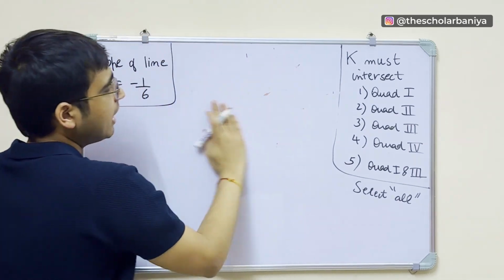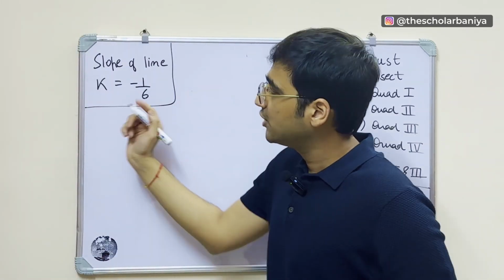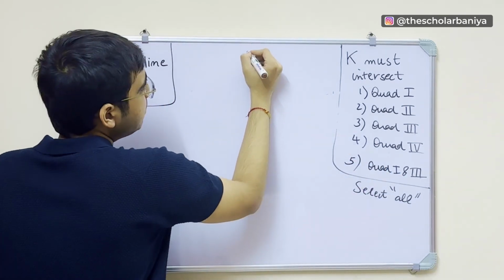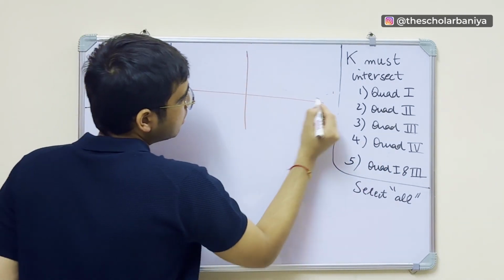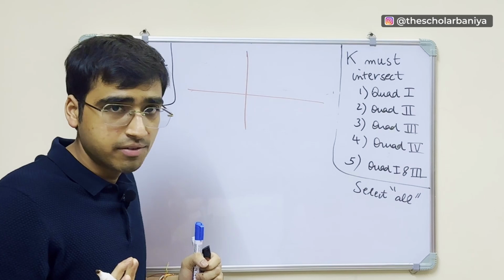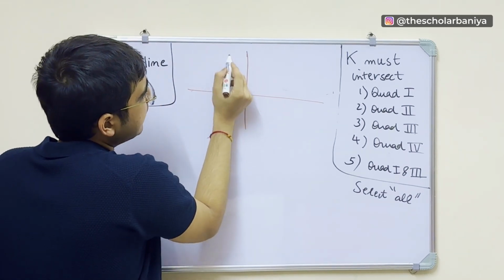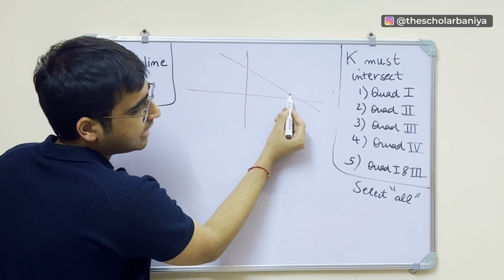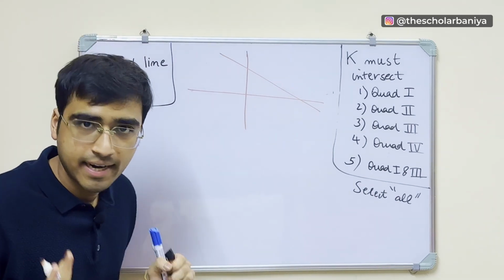Perfect. Now tell me one thing: in the question we are given that the slope of the line is negative. So if the slope is negative, the line should be something like this, because in this case theta is greater than 90, so the slope will be negative.